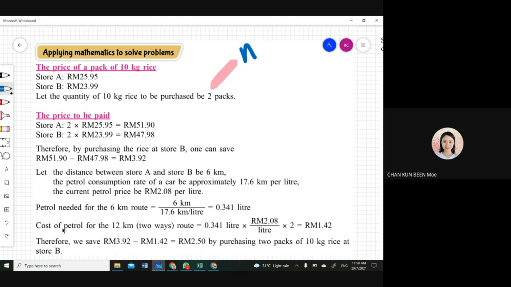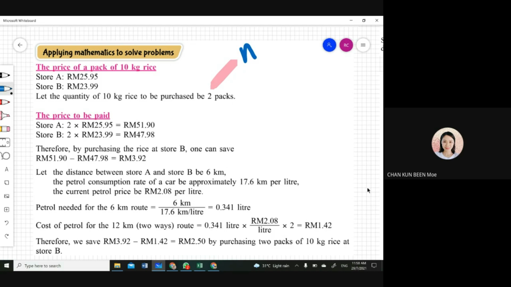So the cost of petrol for the 12 kilometer two-way route, you have to multiply this by 2, because one is going there and one is coming back. So 0.341 multiplied by 2.08 per liter times 2. Actually, you don't need to put the liter, you can just use 0.341 times 2.08 times 2. You get the cost of petrol going and coming back.